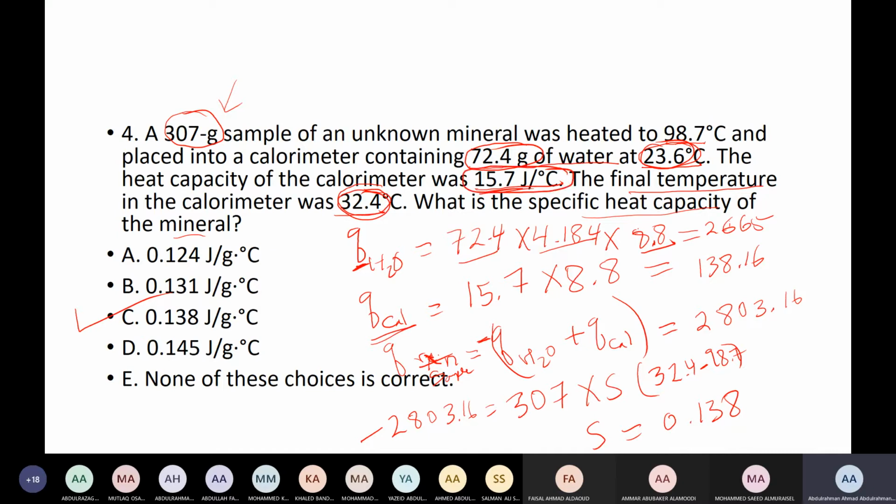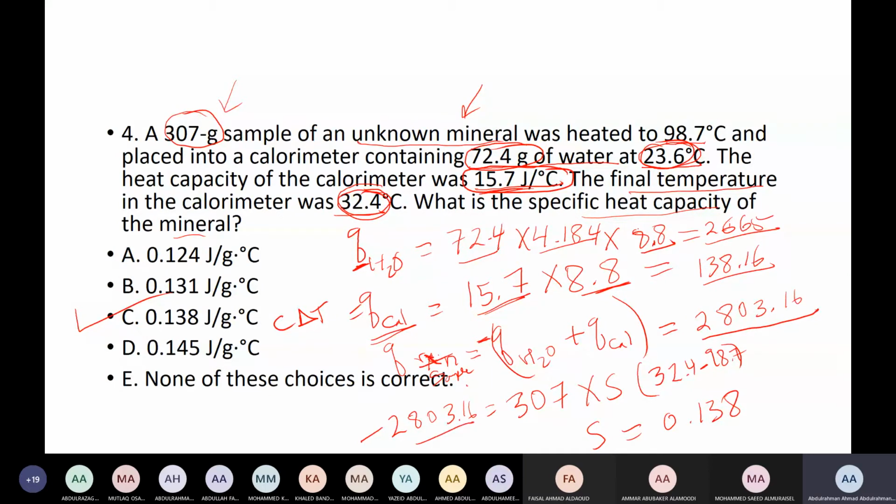You know that this one is equal to C times delta T. Temperature is 8.8, but the C is 15.7. So I calculated also Q for the calorimeter. I add them together to give the heat for the unknown mineral. Q mineral is equal to both of these.